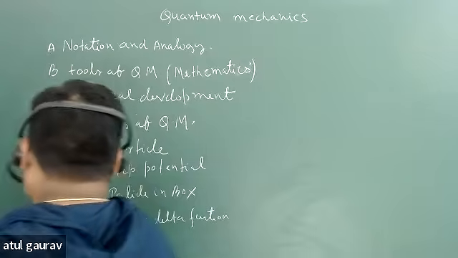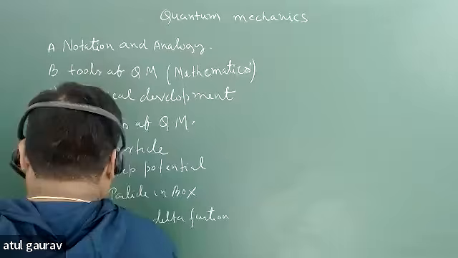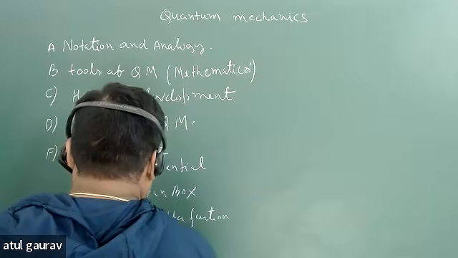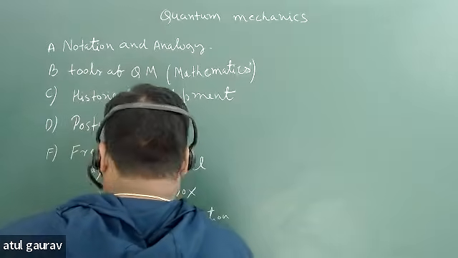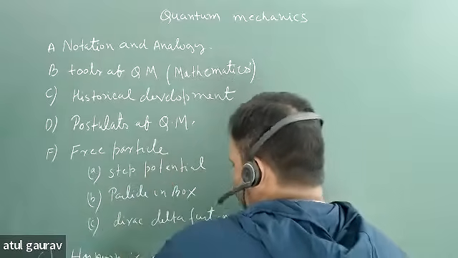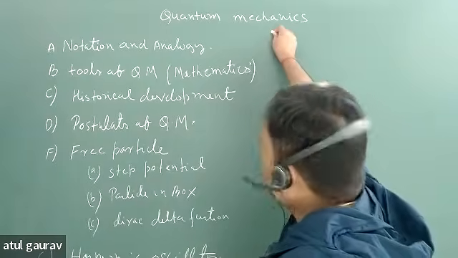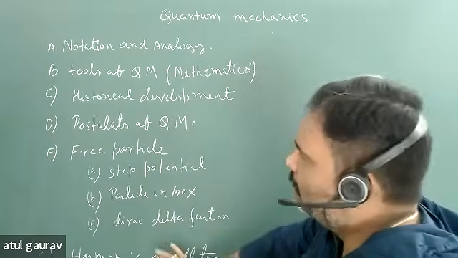the harmonic oscillator. And these are mainly one-dimensional: free particle in one dimension, harmonic oscillator in one dimension. So up to this, we are just talking about one-dimensional systems.